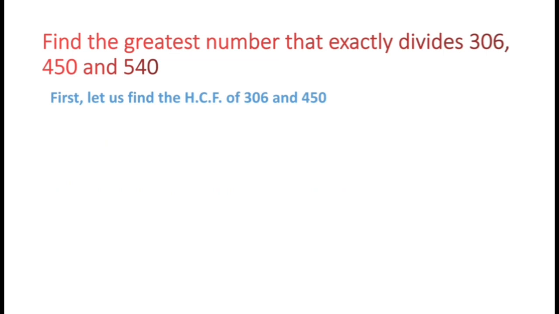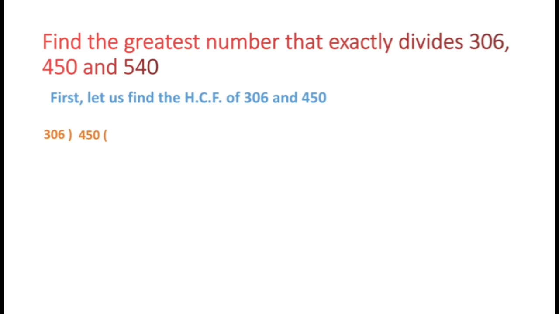So first we should take the smallest 2 numbers, that is 306 and 450. Let us find the HCF for these two and then we can find the HCF for 540. Here we will be using the long division method. So 306 will become the divisor. 450 will be the dividend.